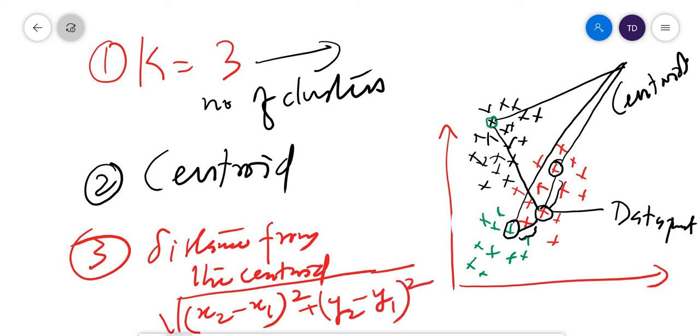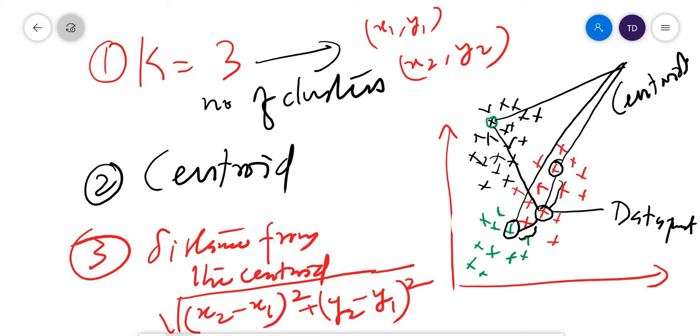Here x1, y1 and x2, y2 are the coordinates. This formula we call the Euclidean distance formula.